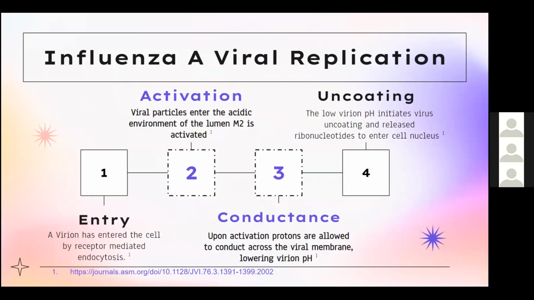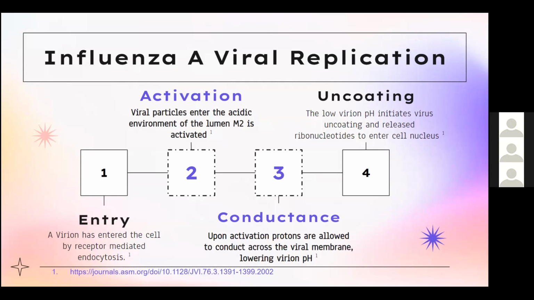I wanted to start with a short background on the steps towards viral replication for influenza A. This isn't all of them, just a brief view to situate us in this discussion. So the first step would be the virion entering the cell by endocytosis. And then the activation step would be when the M2 protein on the viral envelope is activated by the low pH of the lumen environment.